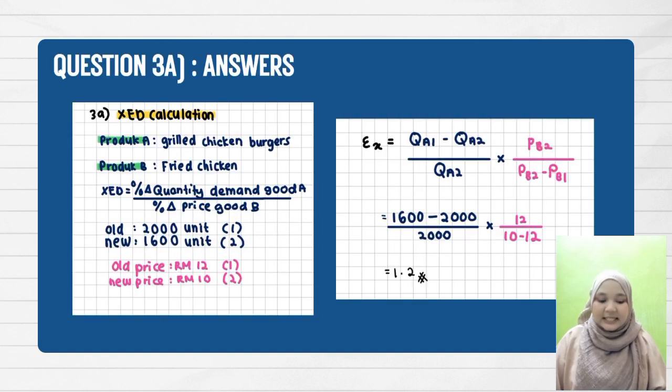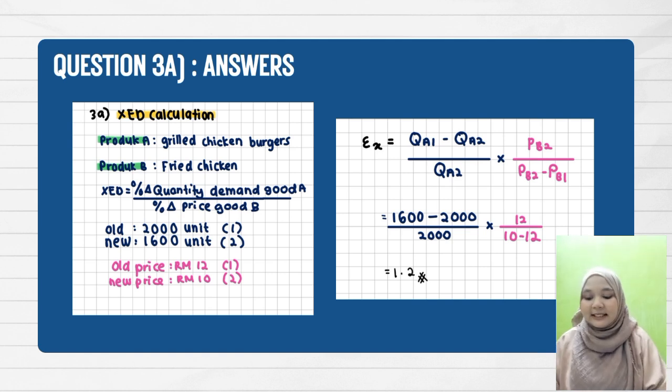Calculate the cross elasticity of demand between fried chicken and grilled chicken burgers. So the formula is EX equal percent change in quantity demanded of product A per percent change in price of product B. So product A is grilled chicken burgers, product B is fried chicken. So the calculation: EX equal 1,600 minus 2,000 per 1,600 multiply 12 per 10 minus 12.